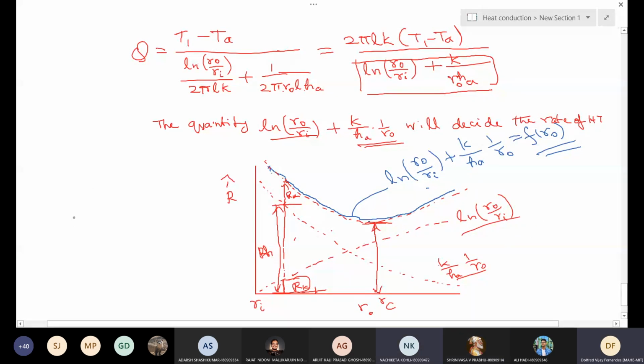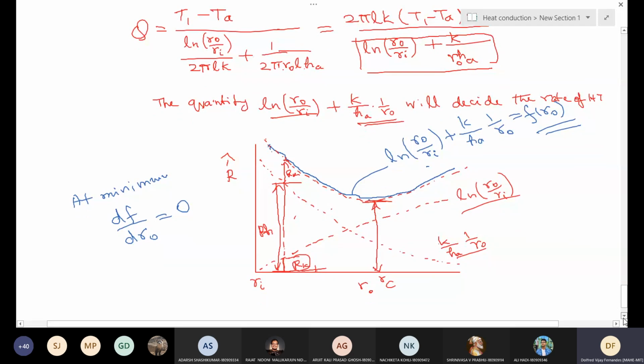Differentiate, and at the minimum df by dr0 is 0. Differentiate this function with respect to r0, equate it to 0, and solve for r0. You have the radius of insulation, the critical radius. Find out that value and tell me in the next class.